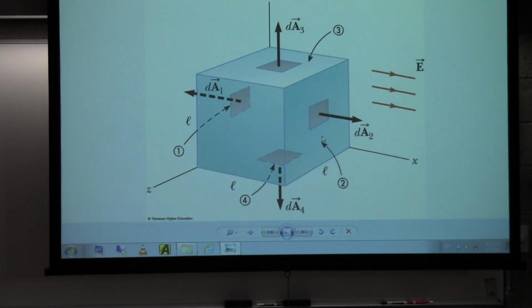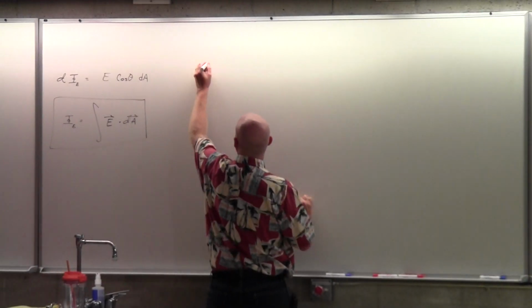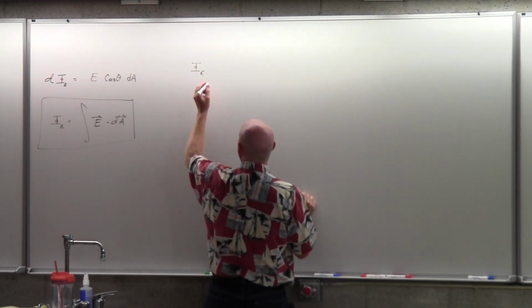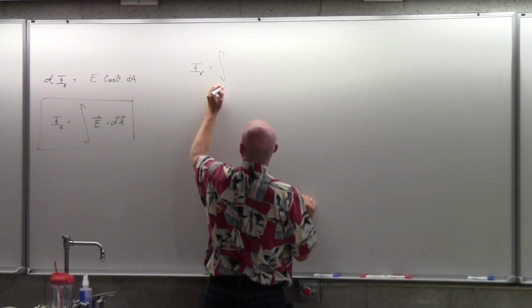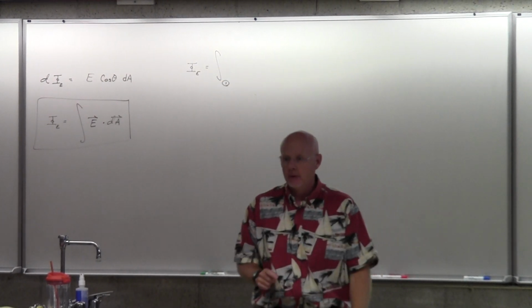If you read the book, they say, and then they do the example, a uniform electric field pointing in the x direction. But what I'm trying to say here is I could then find the flux, say on surface number 1.